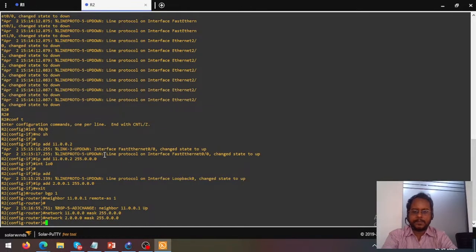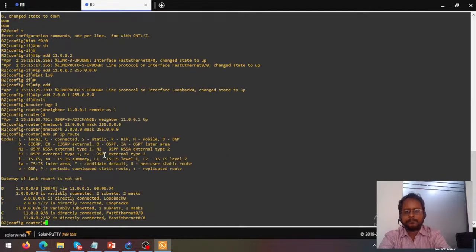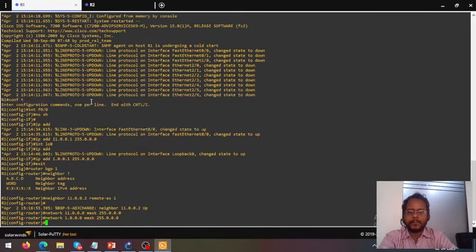So I've advertised all these things, and now if we see the IP route, show IP route, you can see that we have got the IP routes there, and it is showing 1.0.0.0, and look at the AD value, this is 200 for IBGP, and you can see that we have got the route 1.0.0.0 via 11.0.0.1. The loopback is advertised here.